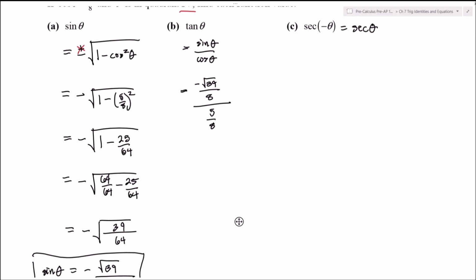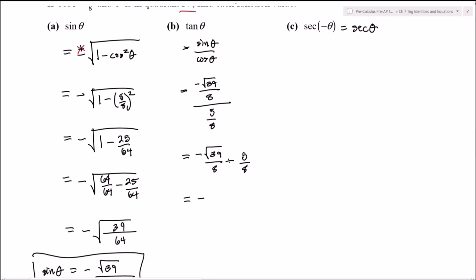What I see here and what I'd like for you to be able to see is just a division between two fractions. So this could be written as negative square root 39 over 8, divided by the quantity 5/8. Now, if you remember from middle grades mathematics, to divide fractions, you treat it as a multiplication problem.